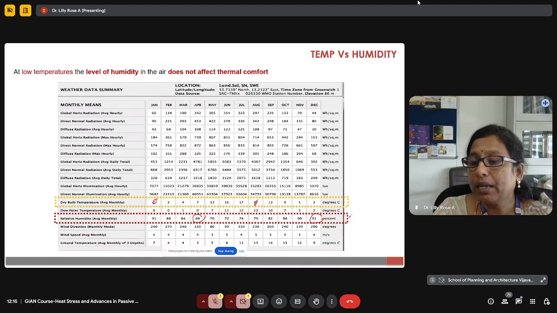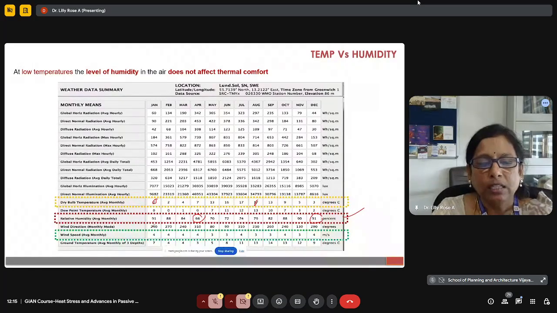So the relative humidity is quite high, but we will not feel uncomfortable because the temperature hardly crosses 20 degrees Celsius. Though the relative humidity is high, at lower temperatures we won't feel very humid and it may not have a negative impact on the comfort condition.